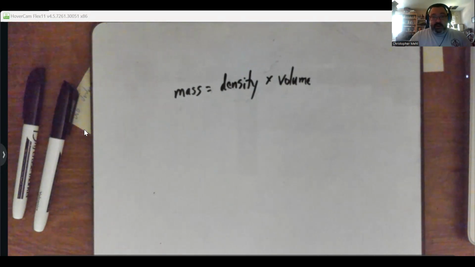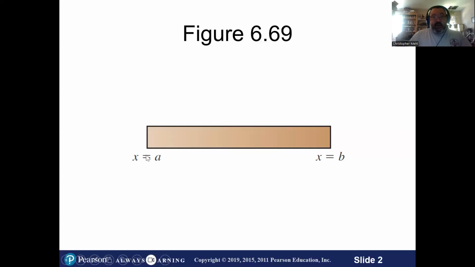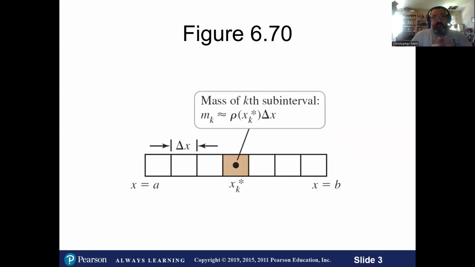What we're going to do is take this wire, and let's say we impose a coordinate system on it, and the wire starts at x equals a, and the bar at the other end is at x equals b. Now we're going to chop this thing into pieces.